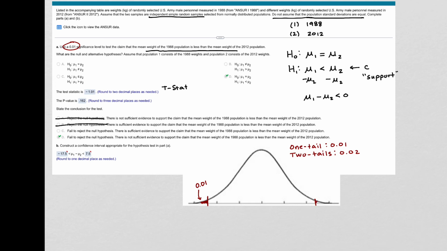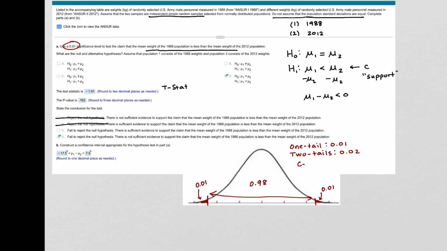So I'm going to mark off my right-hand tail here, and that's going to be another 0.01. So a total of 0.02, which means that the area in between, my confidence level, should be 98% or 0.98.